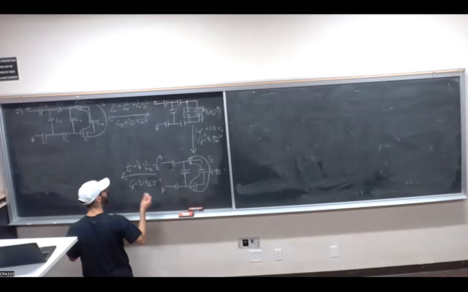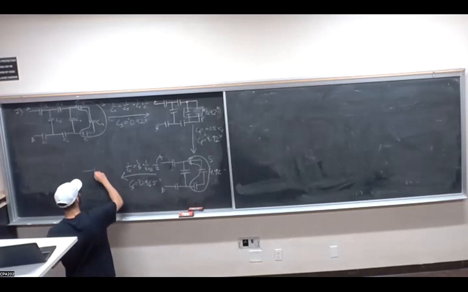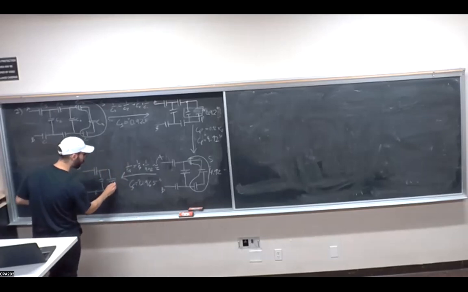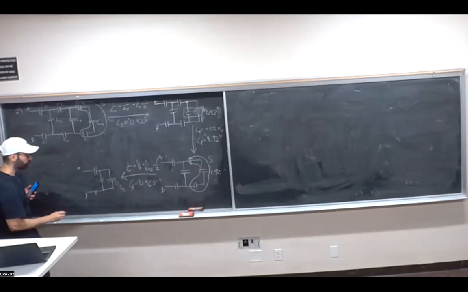We redraw the diagram again. So here's our A, and here's our B, except at this position now, we have 0.965.